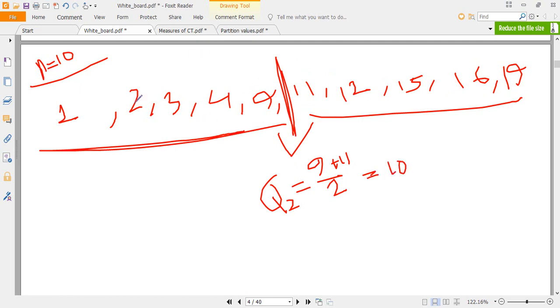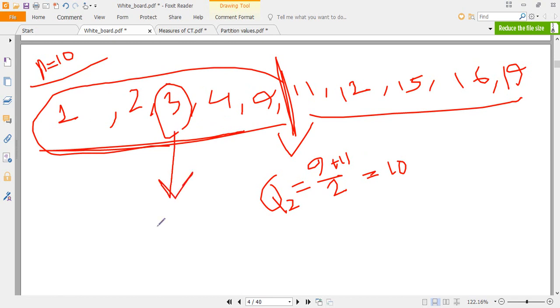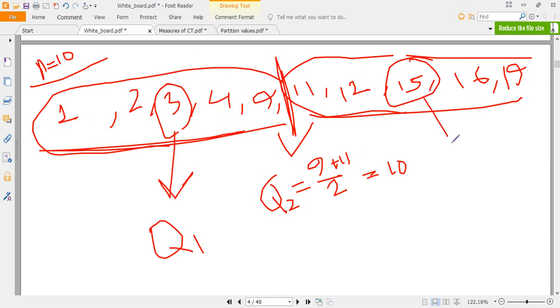How do we compute Q1? We can easily understand this. In the first portion, the middle value is 3, so this is Q1, and in the second portion, 15 is the middle of the last 5 values, so this is Q3. This is a shortcut technique you can apply for raw data, but you may observe some differences for other numbers of observations.